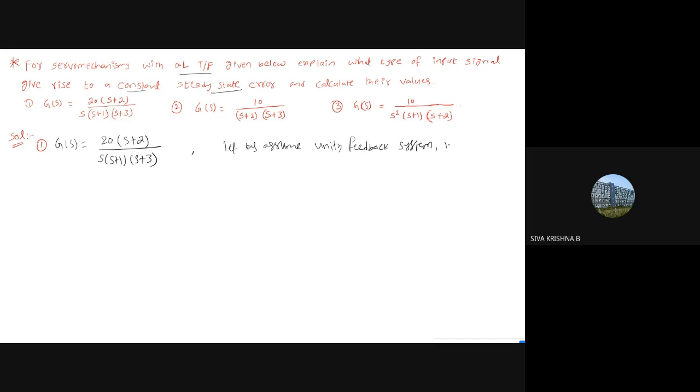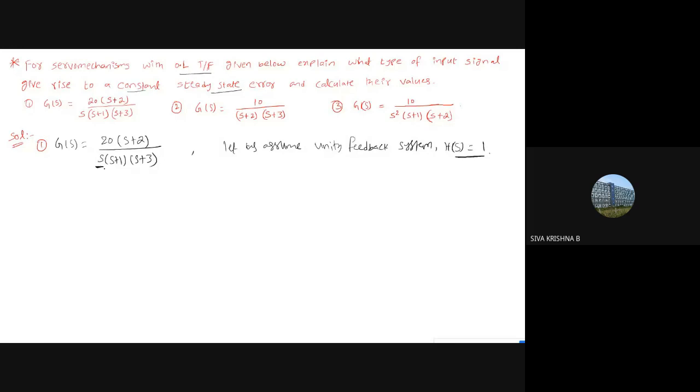So what is the value of H(s)? If it is unity feedback, it means H(s) equals 1. So now we have to find the constant ESS. What is the type of this system now?